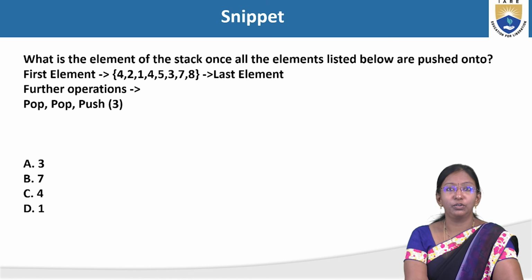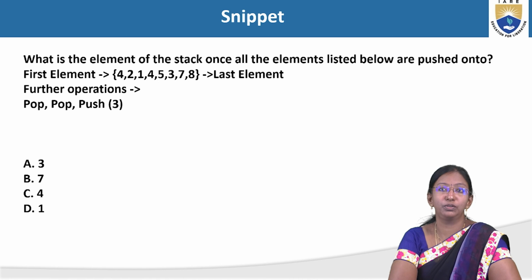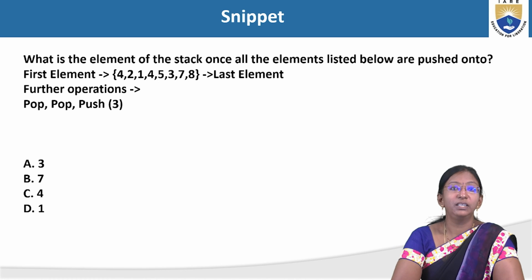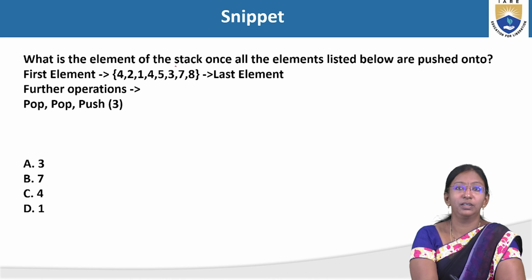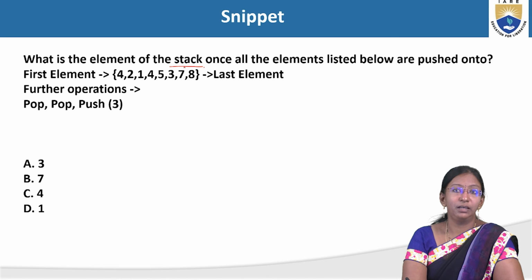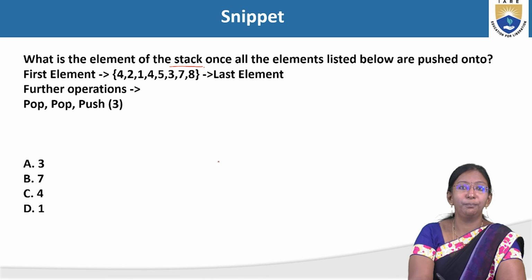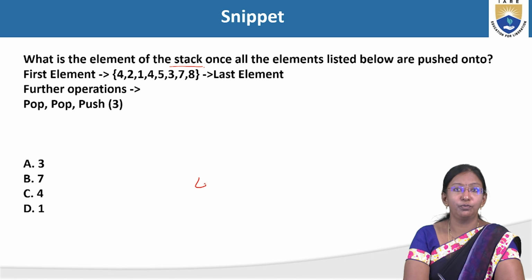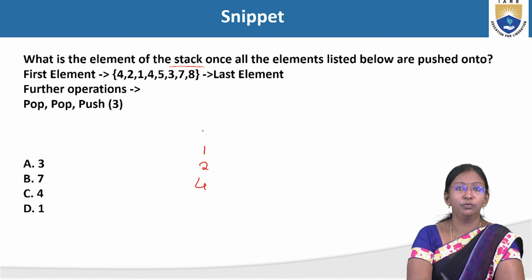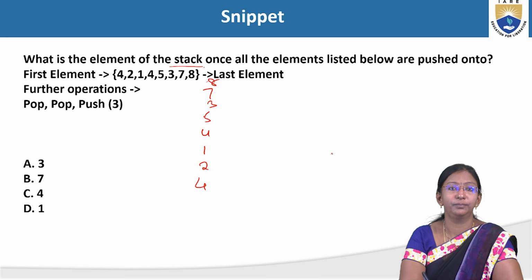The last question for this video. Here I'm talking about a linear data structure, the stack. They've asked: what is the element on the stack once all the elements listed below are pushed onto it? They have pushed 4, 2, 1, 4, 5, 3, 7, and 8.